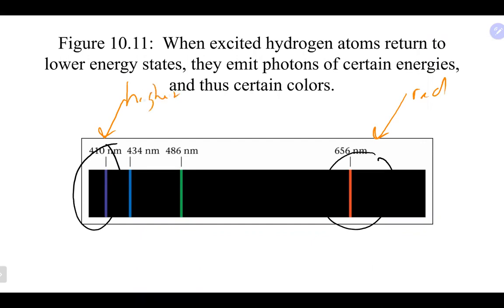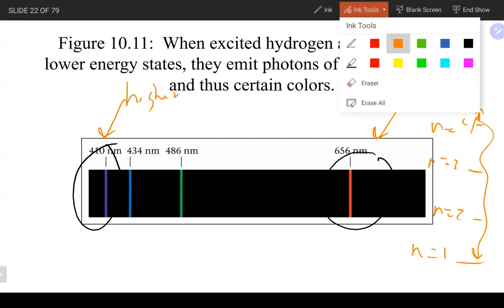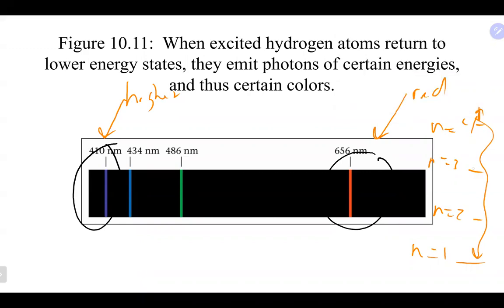So what we're talking about is we have these electrons at these different energy levels, you know, say n equals 1, n equals 2, n equals 3, n equals 4, and so forth. And let's say we had an electron that was on the 4th energy level and it decided it wanted to come all the way down to the 1st energy level, versus one that was maybe in the 3rd energy level and decided it wanted to come down just one energy level.